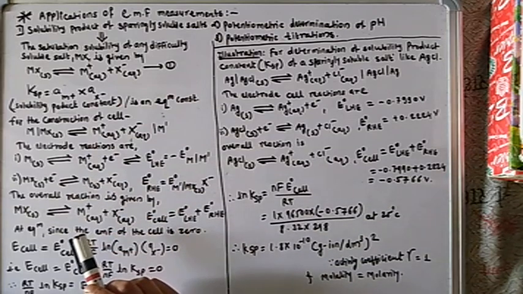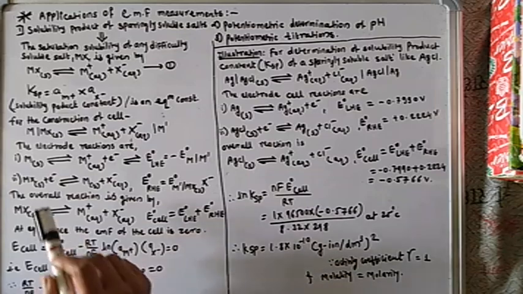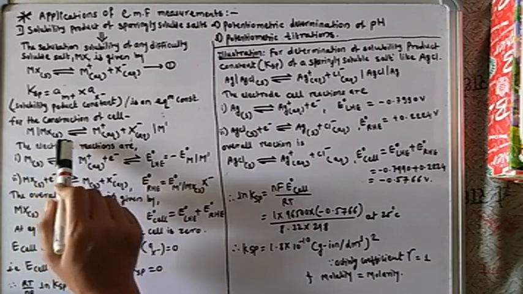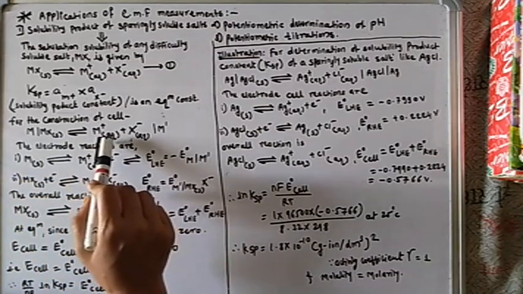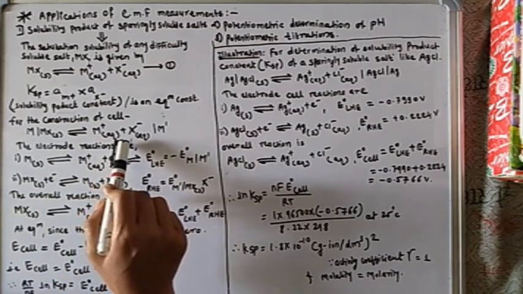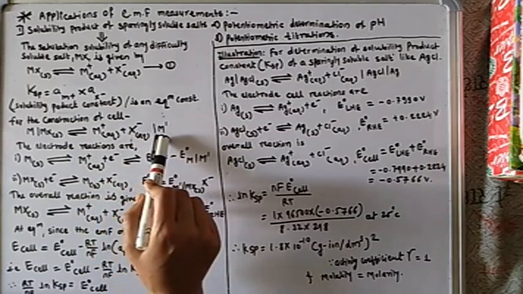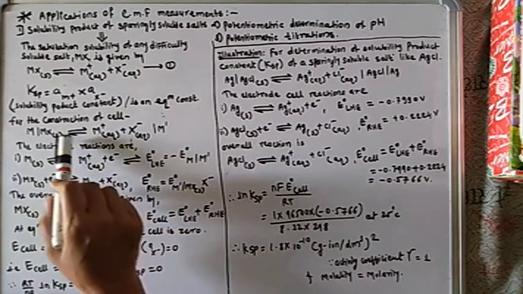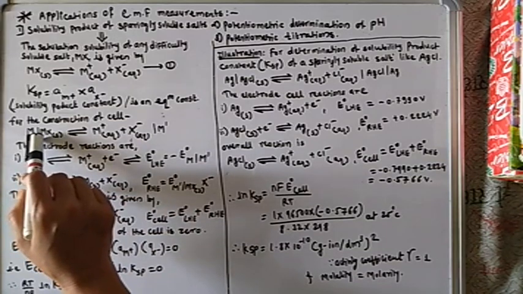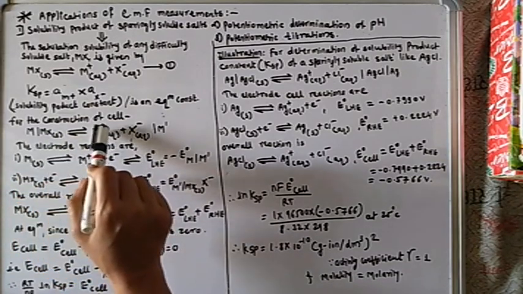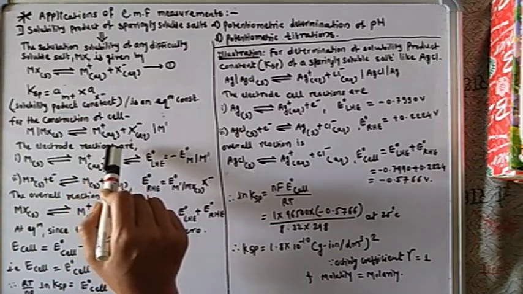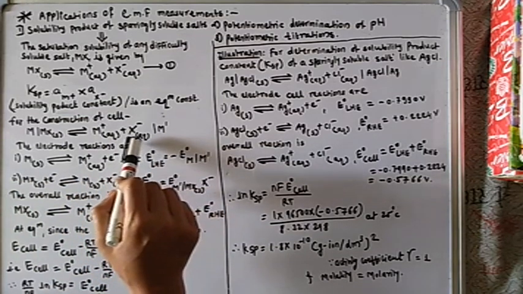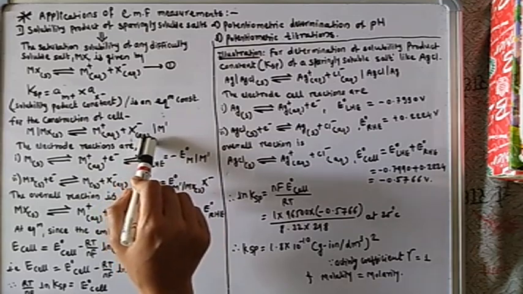So the cell is represented as M, MX solid, M+ aqueous, X- aqueous, M'. The left hand electrode M is reversible to M+ ions, and the right hand electrode M' is reversible to the X- ions.